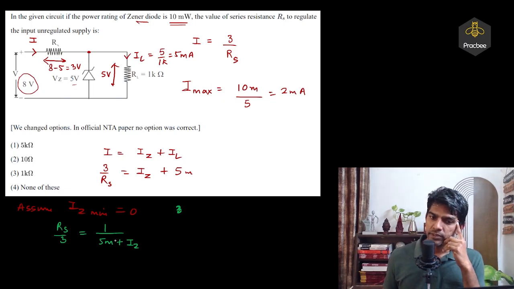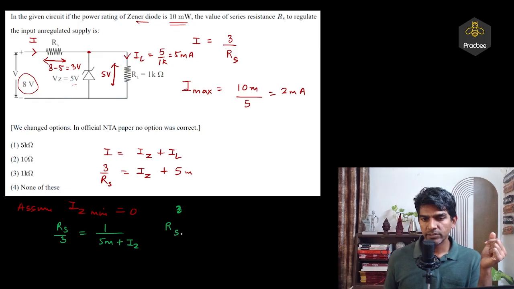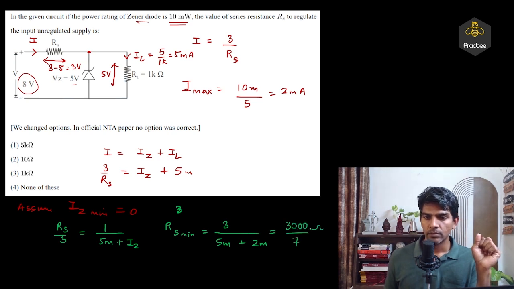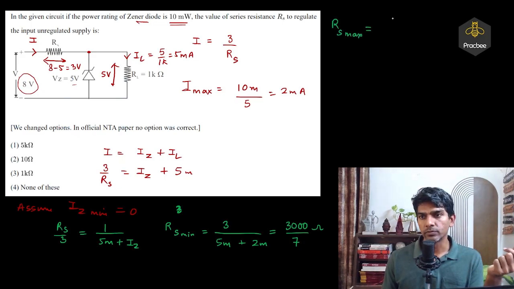Now if the denominator is maximum, then Rs will be minimum. So Rs minimum will be 3 divided by 5 milli plus Iz maximum, that is 2 milli. So this comes out to be 3000 over 7. Okay, so the minimum value of Rs will be 3000 over 7, or 3 by 7 kilo ohms. Now if I want to find the maximum value, in that case we'll take Zener current to be 0.